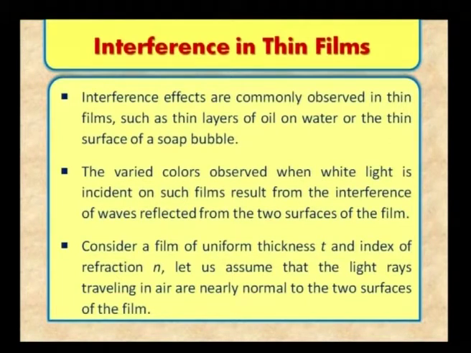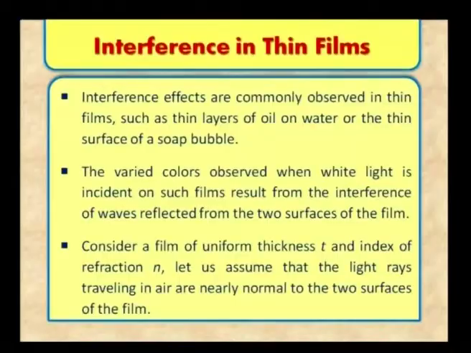You see, when you walk on the road, some petrol or oil is spilled on the road, then you see some color because you have a thin film or a thin region of oil found on water, right?